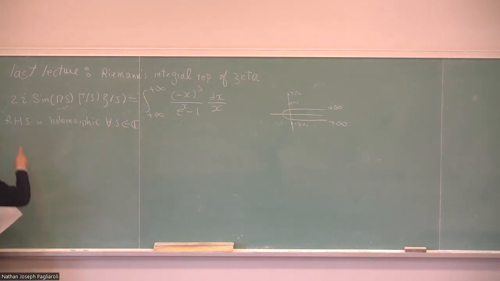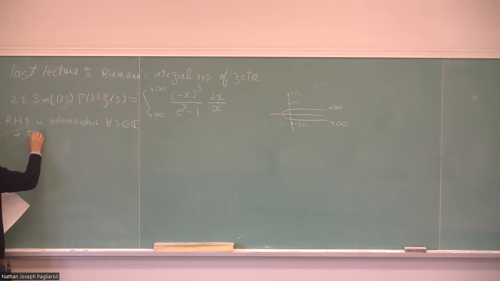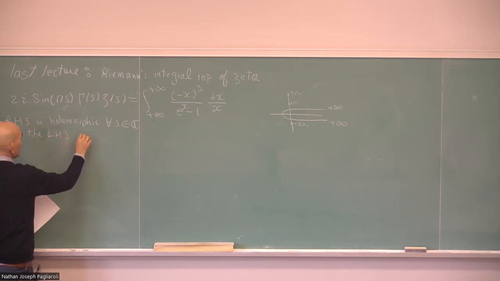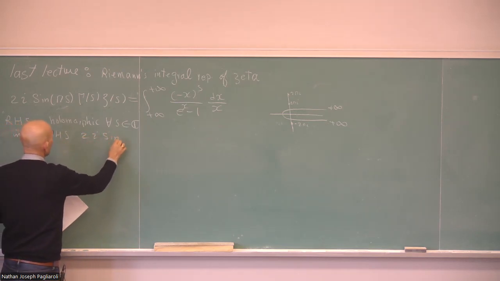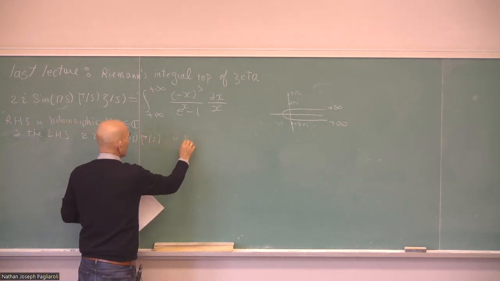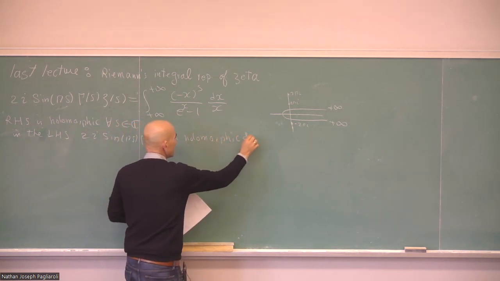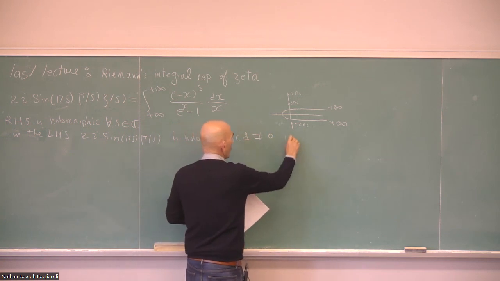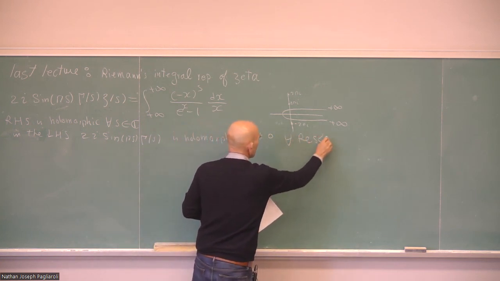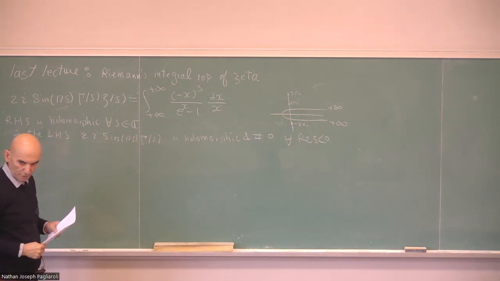Now the right-hand side is holomorphic for all s. In the left-hand side, 2i sine of pi s gamma of s is holomorphic and different from zero for all real part of s less than zero. What's going on here?